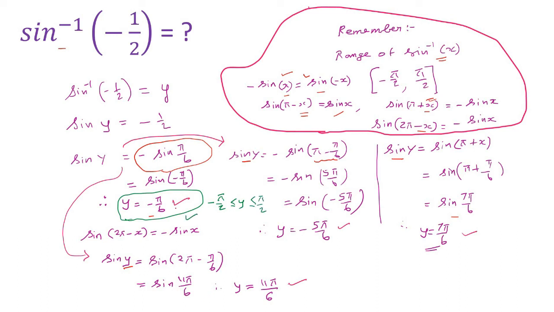Therefore, we can take this value as the value of sine inverse of minus half. This is that range. So what is the answer? Minus pi by 6. Thank you.